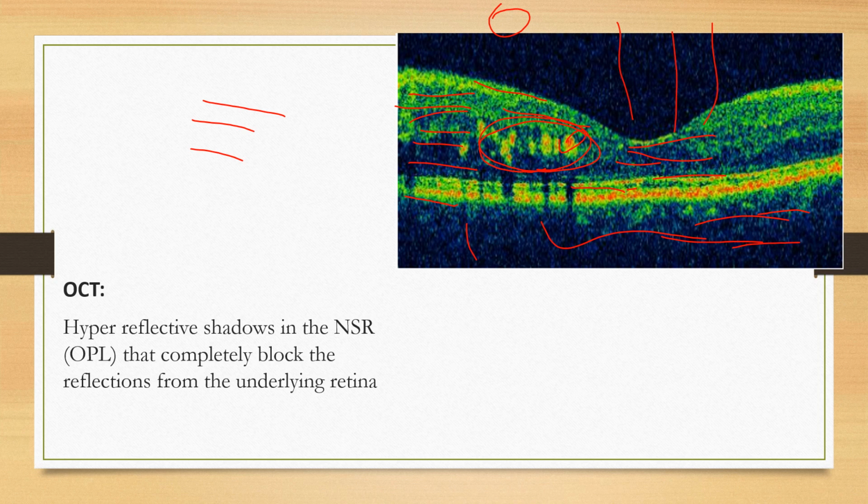So that's the reason why the layers below are found black. It is not allowing the light to pass on further to investigate the other layers. That's why it is hyper reflective here. Fine.